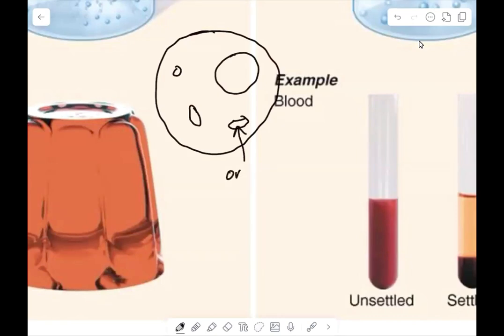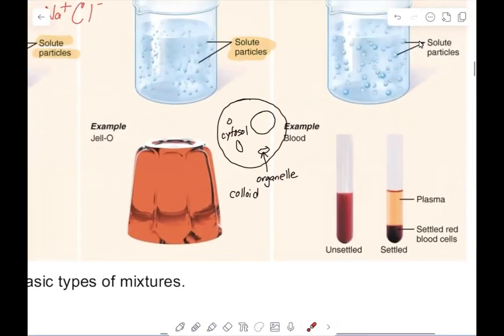So this is the organelle, and the solvent would be the cytosol, which is mostly water. So together they make up a colloid. In this case, the organelles act as the solute and they're larger, so they scatter light, but they do not settle out when mixed.